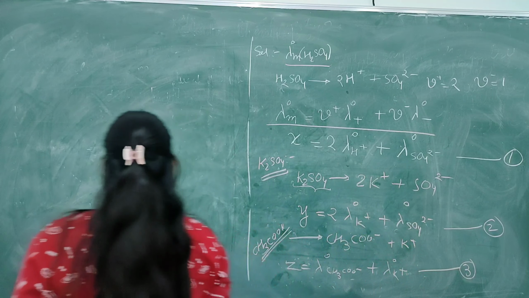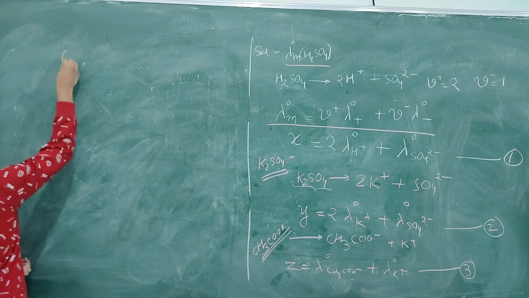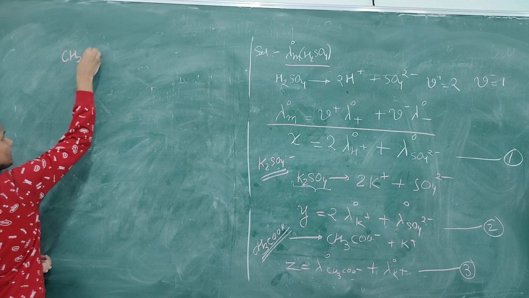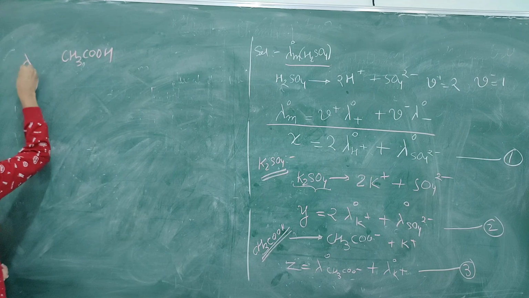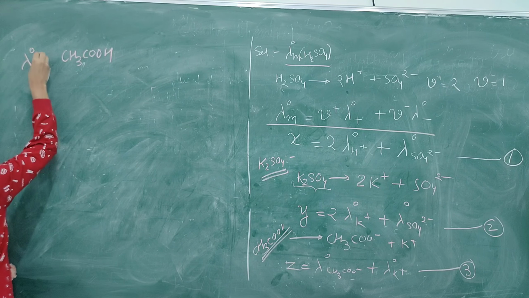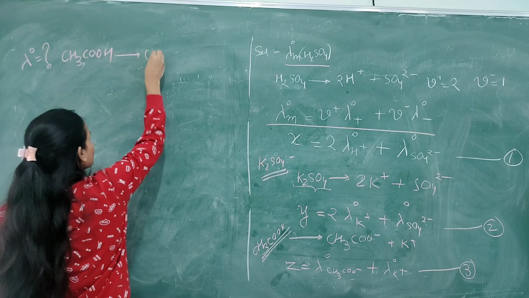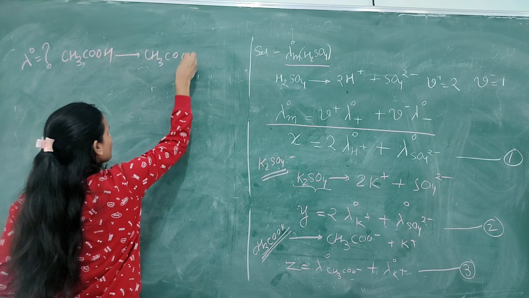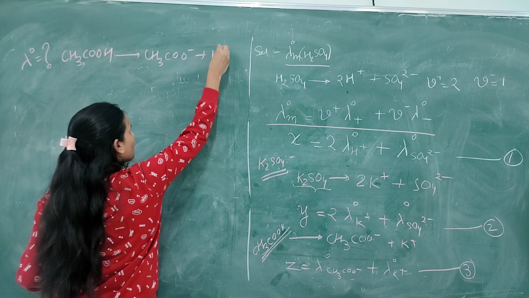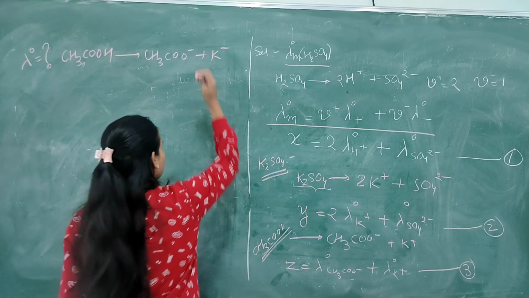Now what exactly was asked? The CH3COOH lambda naught value. So how will it dissociate? CH3COO negative plus H positive.